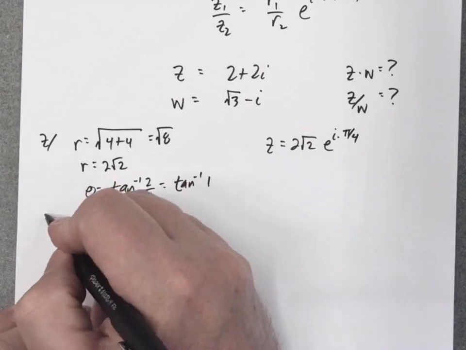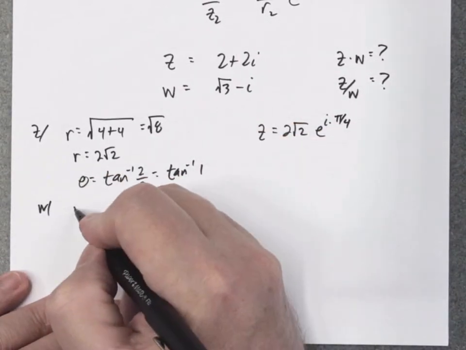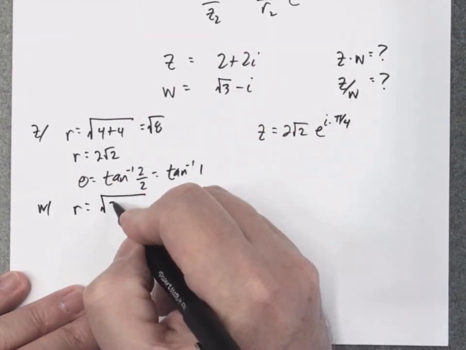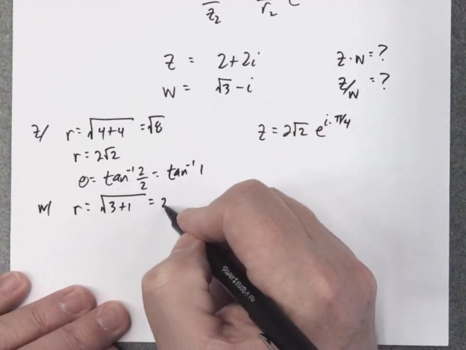For the w complex number, R: square root of 3 squared is just 3, negative 1 squared is 1, square root of 4 is 2.